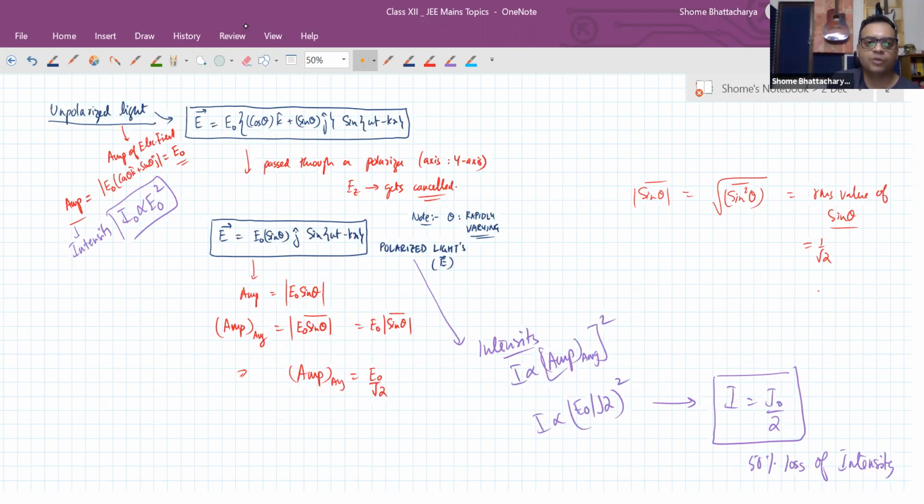So this is the first important formula, that when unpolarized light is polarized by passing it through a polarizer, there is 50% loss of intensity.